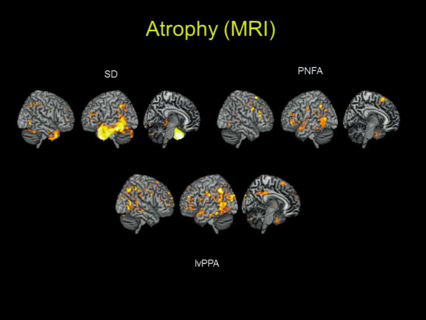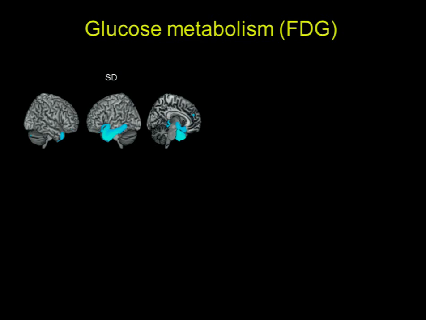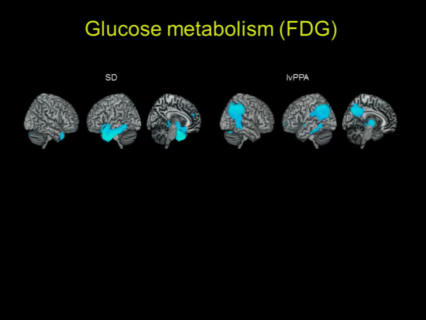And individuals with the logopenic, the slow form of speech impairment, the speech impairment and naming problems in Alzheimer's disease, it's similar but extending a little further back. What about the glucose metabolism? Well, very focal areas around the left side of the brain where the brain is not using glucose so well.